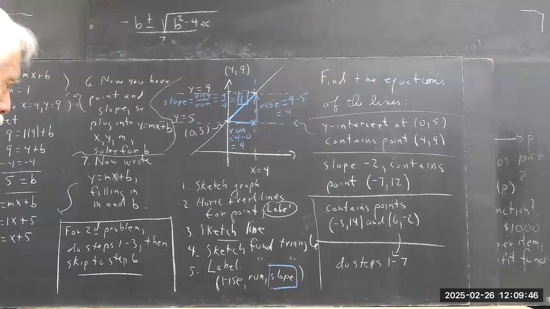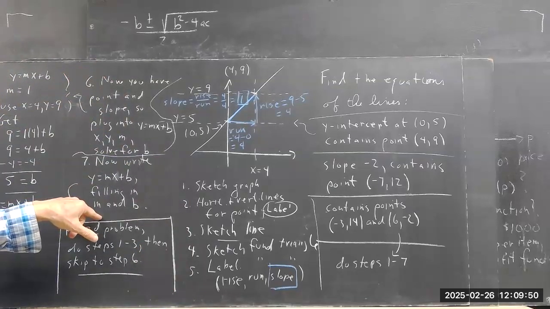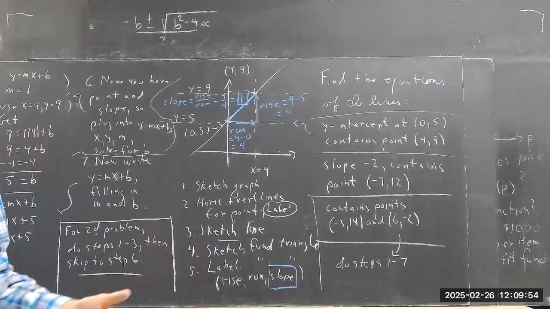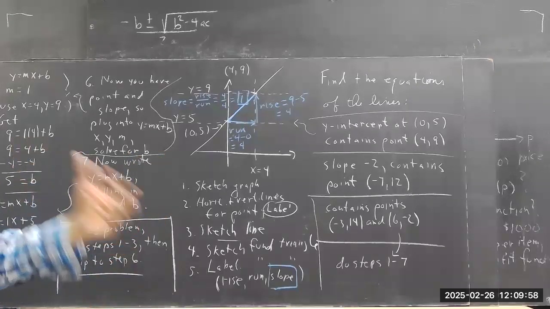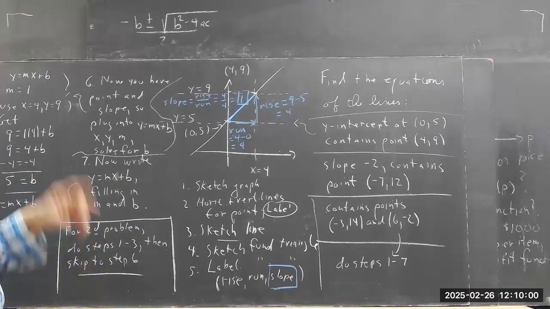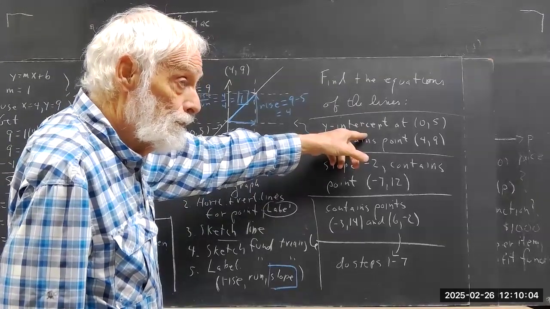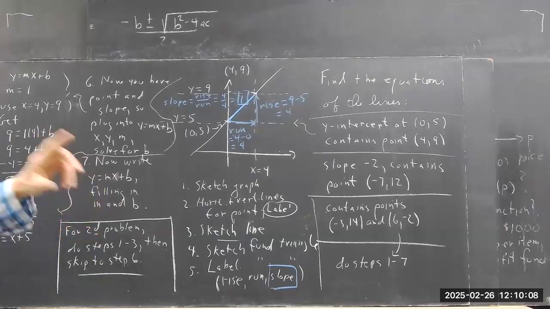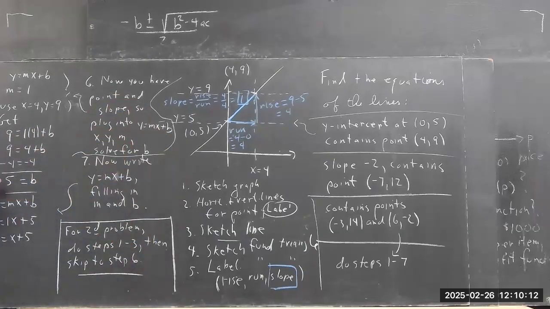I'll note that these steps work for any situation where you've got 2 points, a point and a slope. Okay. Y-intercept, 2 points, a point and a slope. If one of the points is the y-intercept like it was here, you really don't have to solve for b because you already know what it is, but sometimes people forget, and if you do it, it still comes out.